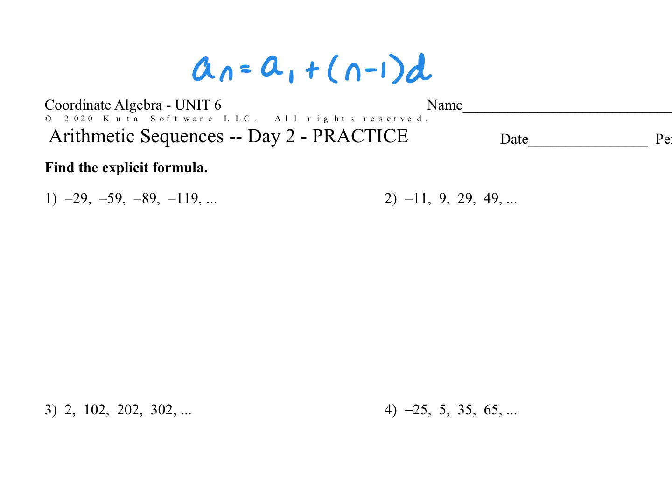Now, here are the things that you have to be able to write this. You need your A1 value, which is the first term in your sequence, and then you need your D value, which is the common difference. If you have those two things, you can write your explicit formula for arithmetic sequences.